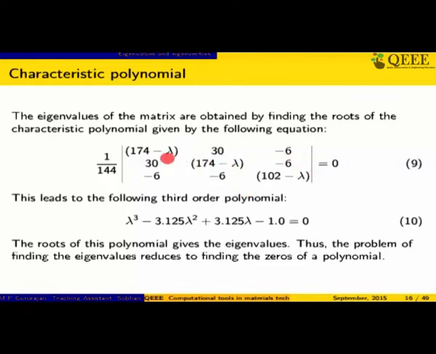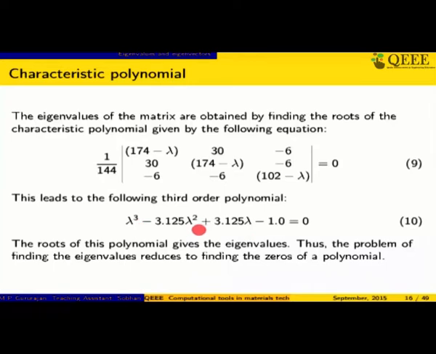So minus lambda I means minus lambda on these parts, and take the determinant equated to 0. If you do that, you can check the algebra that you get this third order polynomial: lambda cube minus 3.125 lambda squared plus 3.125 lambda minus 1 equal to 0.